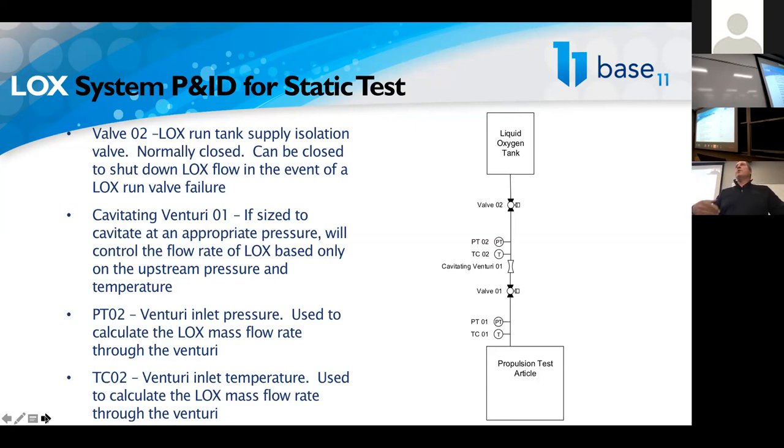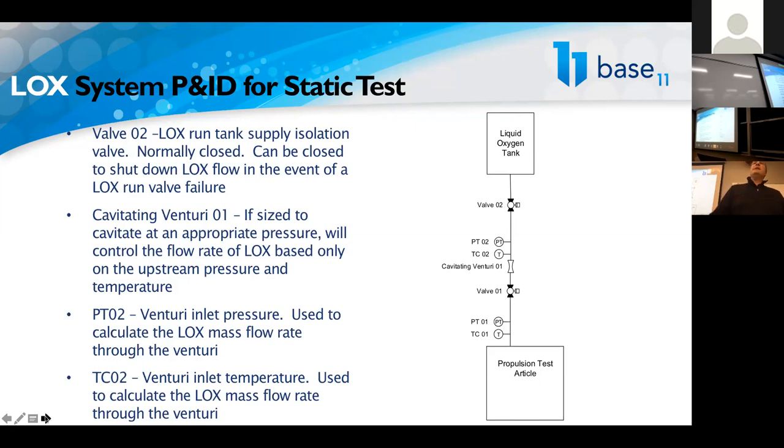So if you intend your combustor to operate at 500 psi and your combustion efficiency is such that it only operates at 400 psi, your flow rate won't be higher than you expect, because with a cavitating venturi, you can control the flow rate and get exactly the mixture ratios or the propellant flows that you want.